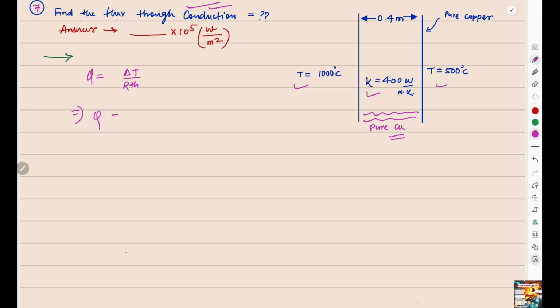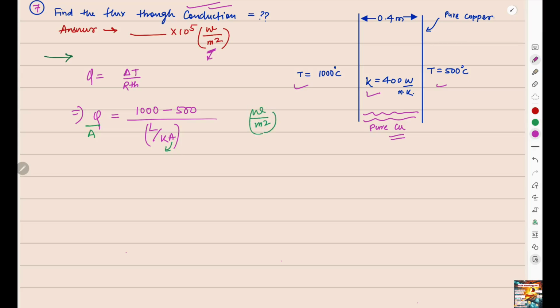We can write Q equals delta T, that is the change in temperature, so it is 1000 degrees minus 500 degrees divided by R_TH, that is L by KA. We have to find the flux per unit area, so we will move this area to the other side, and we will have the unit as watt per meter square.